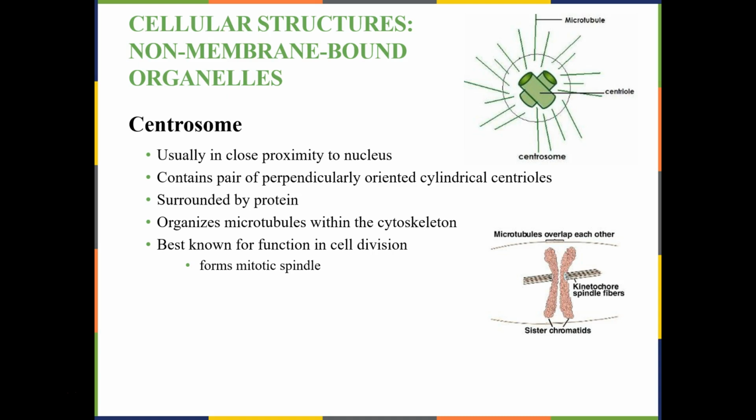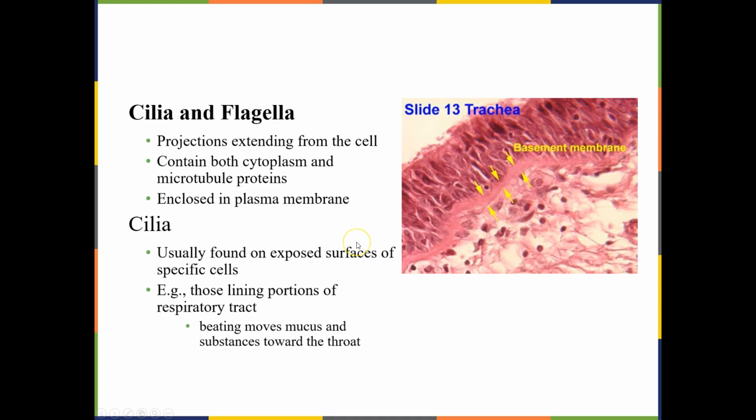And its major job is to connect to your DNA molecules during cell division so that we end up with a single DNA molecule of each type in each individual cell during cell division.